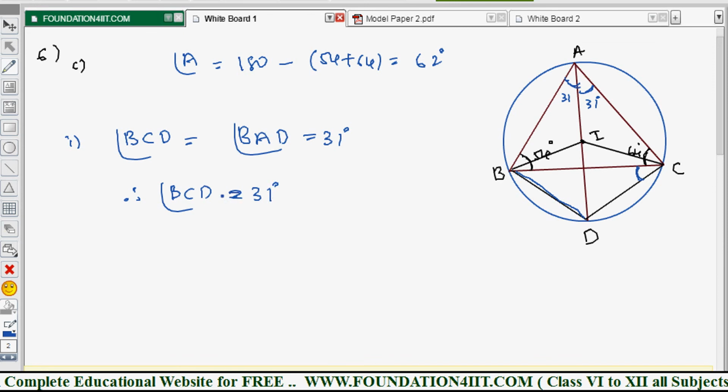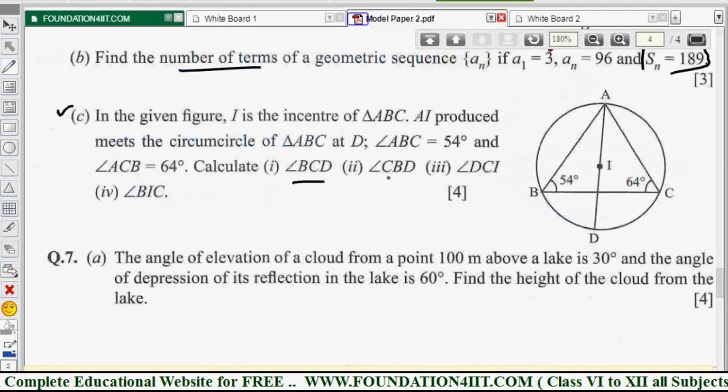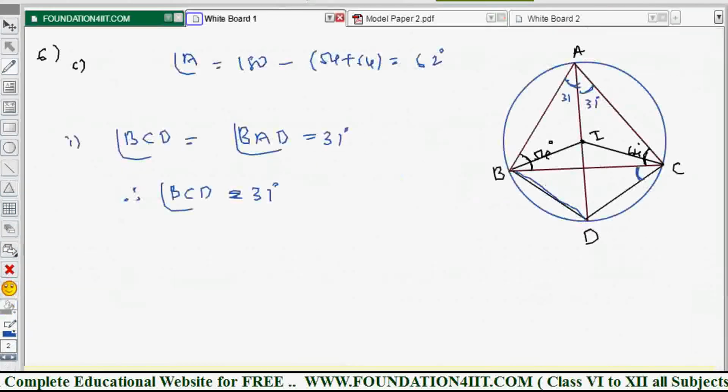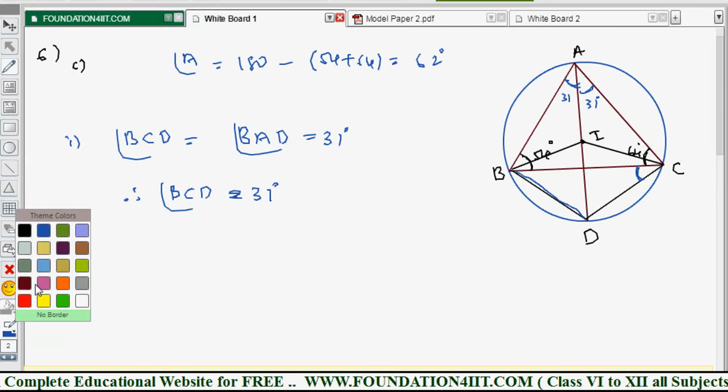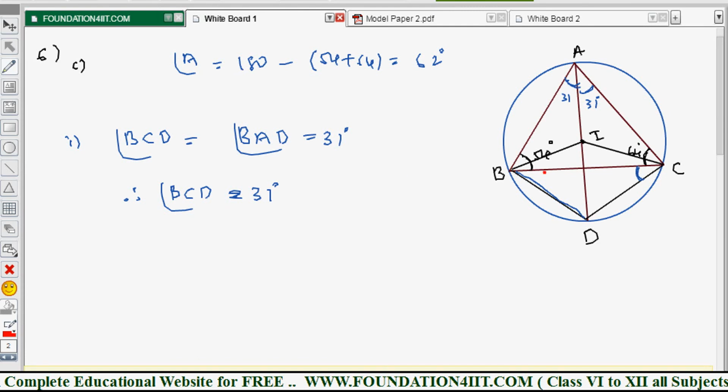Then angle CBD. Okay, next one is CBD. If you observe CBD, this is also the same rule. For example, DC is the chord, so whatever angles are in the same segment, this one and this red one, these two angles are the same.